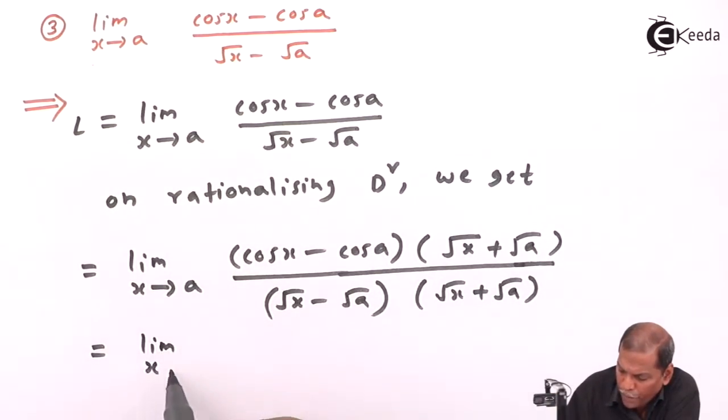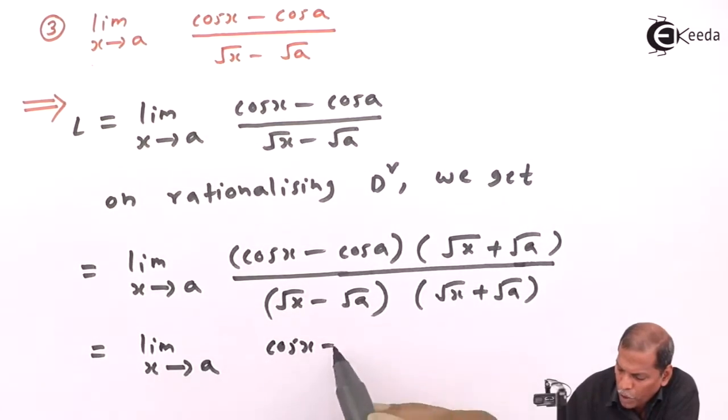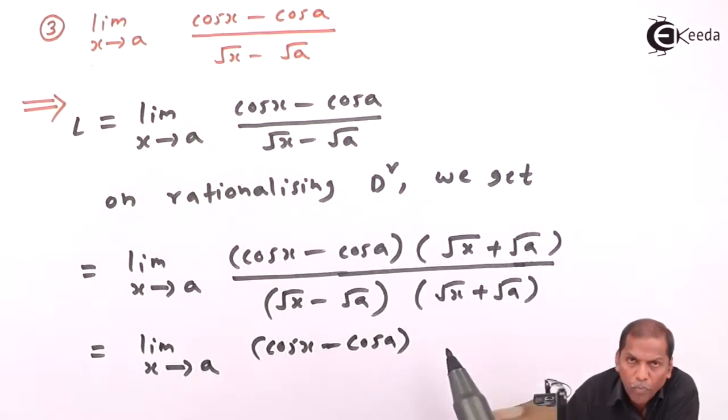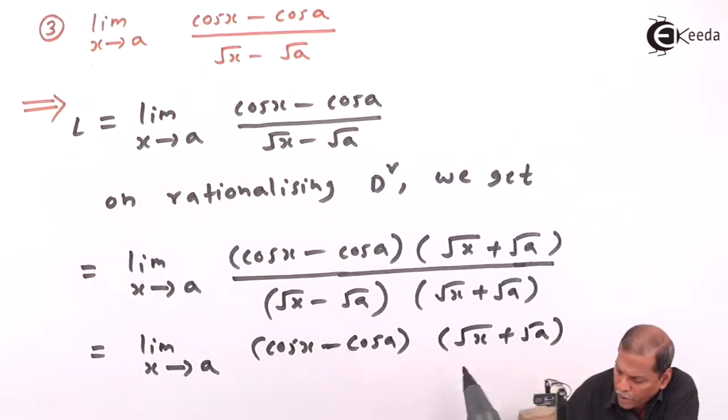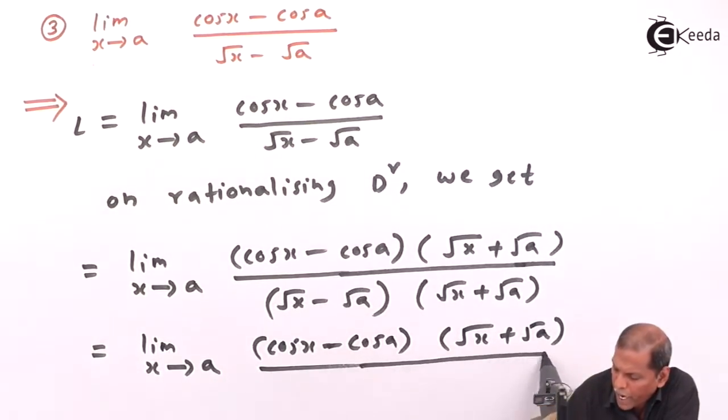So on simplifying further, we get limit x tends to a, cos x minus cos a, then root x plus root a in the numerator we write as it is.